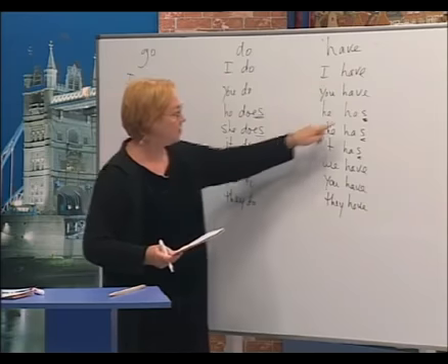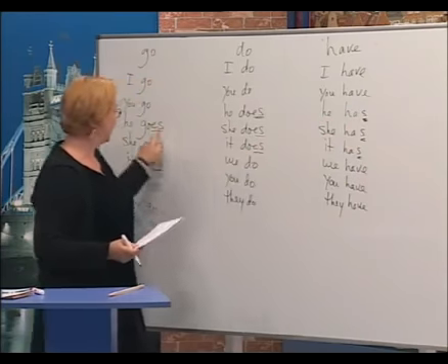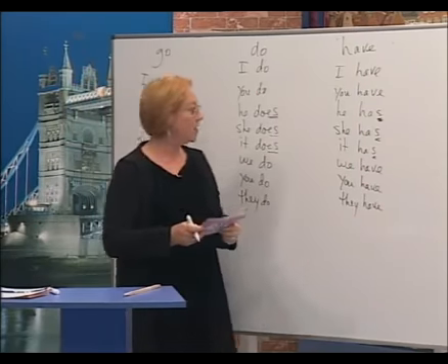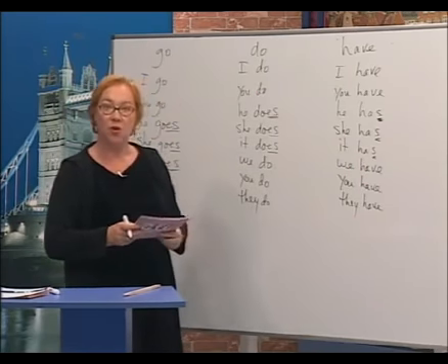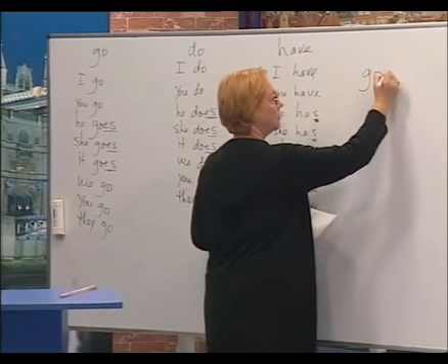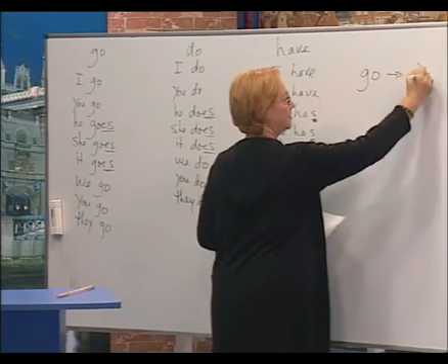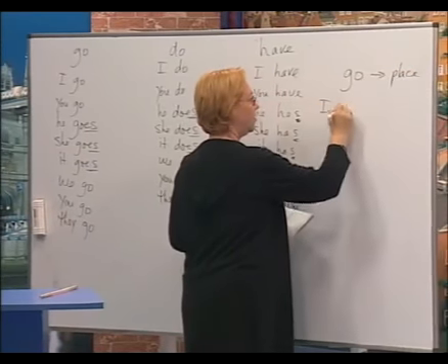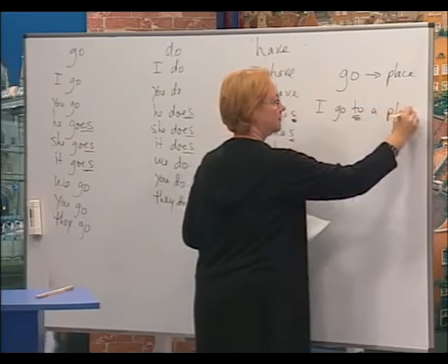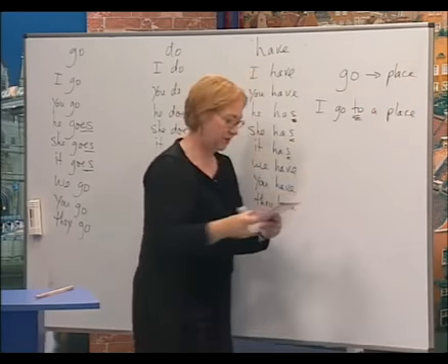Now, again, we see the S. And we saw this one before in the questions. Now, when we use go, we usually have go to a place. So I go to a place. Okay? Go to, usually.